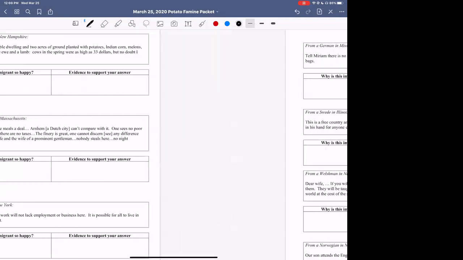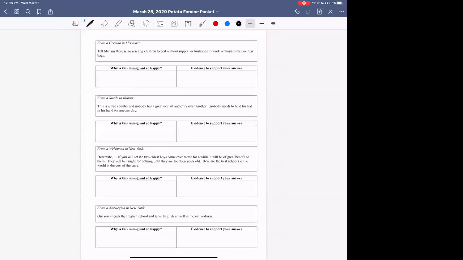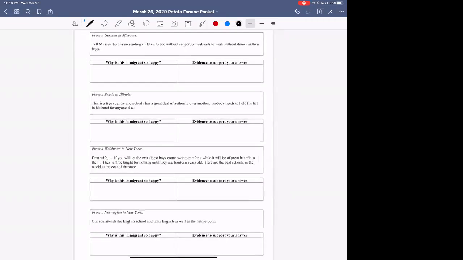Okay, now you're going to move on to the next page here. You have about a minute to finish on this page. So make sure you can get through all of these.